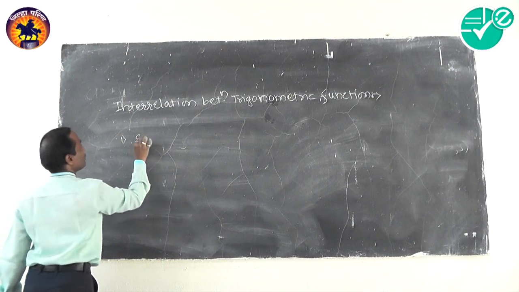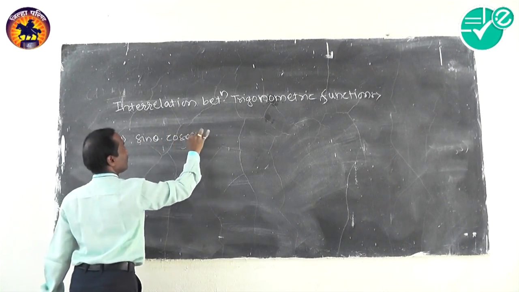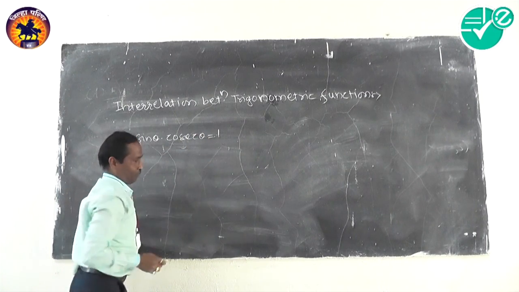Sin theta into cosec theta is equal to 1.